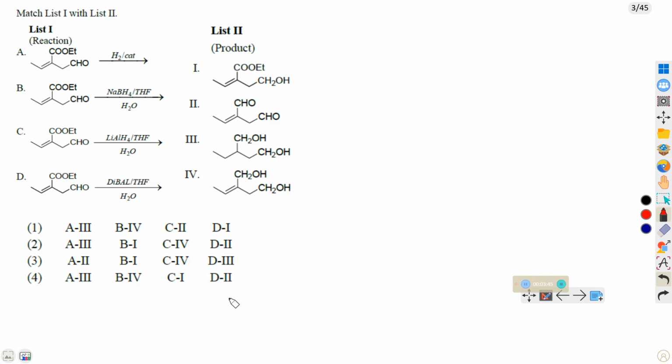Match the following. First of all, here DIBAL-H is given. DIBAL-H reduces esters and cyanides.